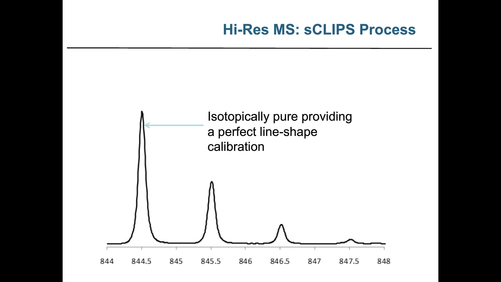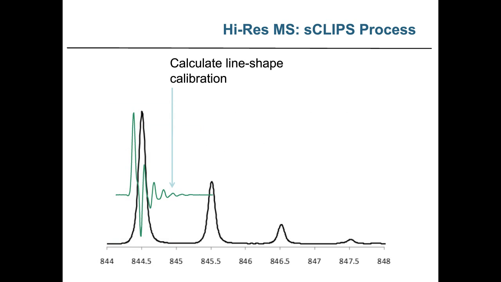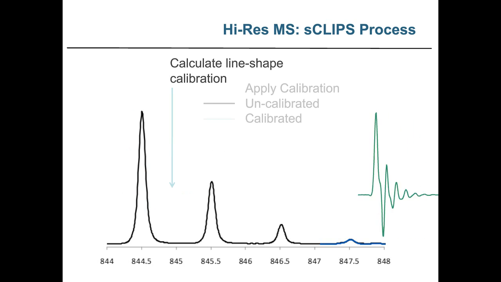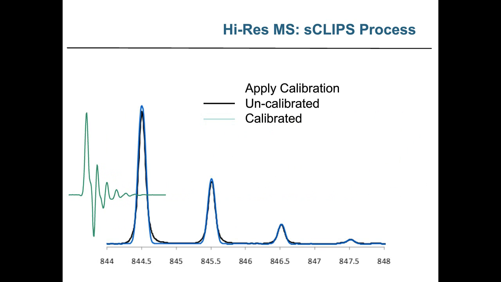What we do is we look at the isotopically pure peak. Again, we choose our line shape function, and then we go and calculate our correction function, and then we apply it to the high resolution data. So in a high resolution measurement, we've already got high mass accuracy.